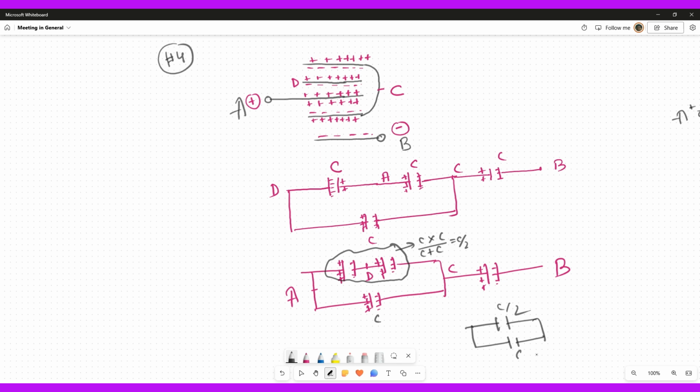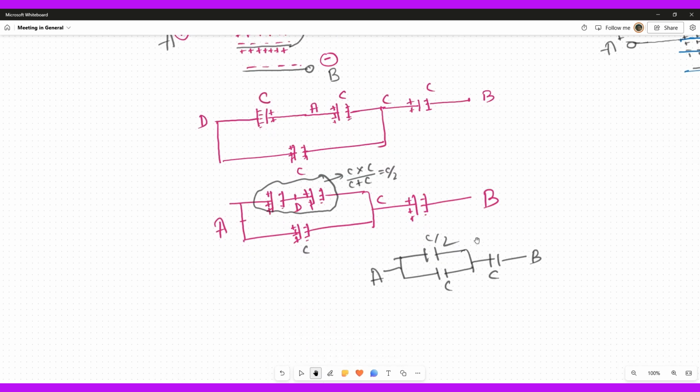This one C. And this one the point B, A. So now add these two capacitors. C by 2 plus C is 3C by 2, and this C is in series combination.